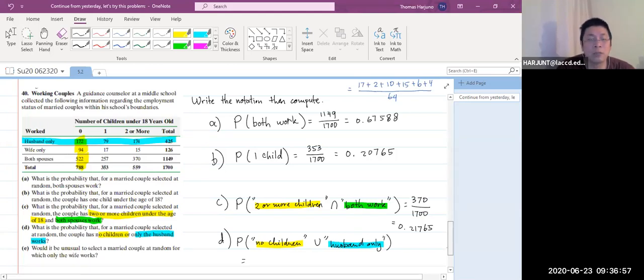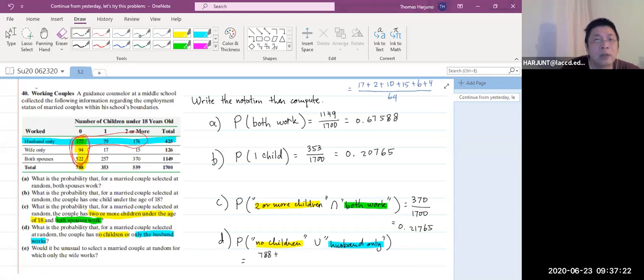Now you will see basically I need to add all the numbers here. Right? I need to add all the numbers here. Okay. Now when I add this part, I get 788 plus when I add this part here, I get 425.